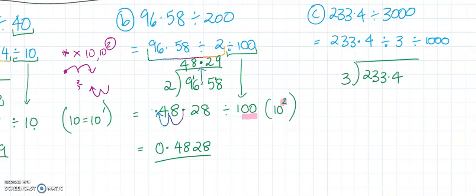233.4 divided by 3. 3 into 2 cannot go, so you bring the second digit in, makes it 23. 3 into 23, 7 times. Because you've brought the second digit, your answer should go right above your second digit. 7 times 3 is 21. We've got a remainder of 2.